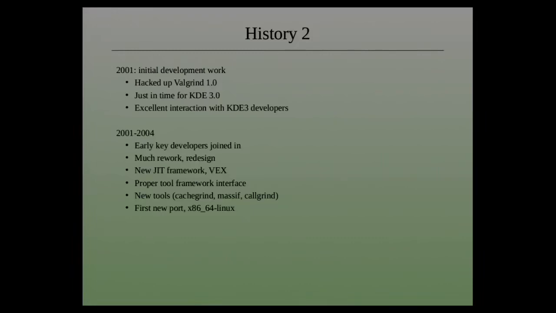In fact, they're all still there. Massif, a heap profiler, and CallGrind, which is a kind of version of CacheGrind that understands function calls. And sometime in late 2004, I guess, there was our first new port to the then new 64-bit x86. It's a whole big deal in itself. Since then, we've had a whole bunch of new ports.